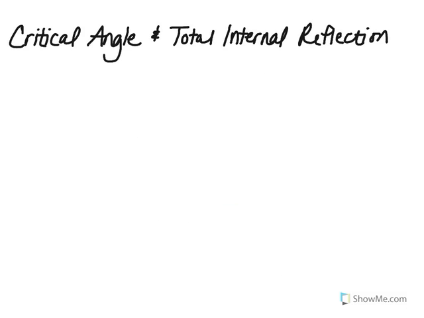Our example will find the critical angle at an interface between glass and air. Glass has an index in this problem of 1.50, and the air we know is 1. And remember that the critical angle is always referring to when we're going from the high index medium to the low index medium. So that means that the glass must be our n, and the air must be our n prime.